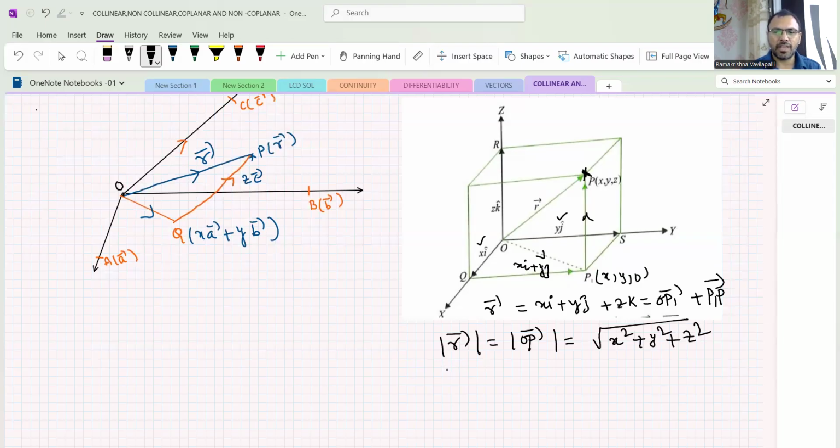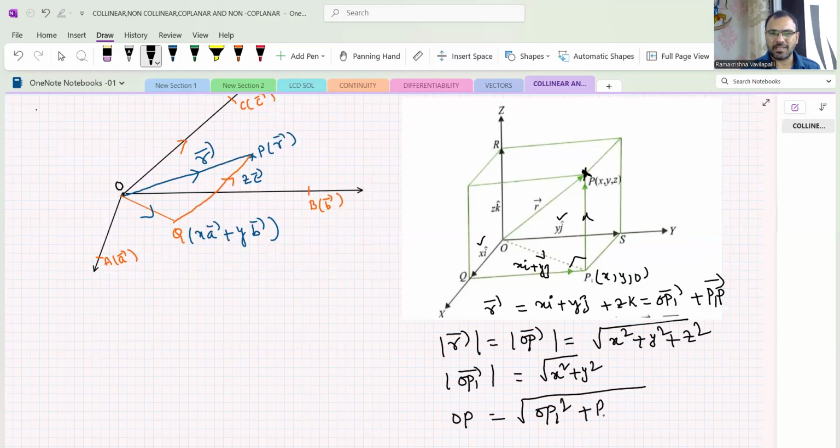Because we know that modulus of OP1 bar, just now I have proved, is equal to root over x square plus y square, isn't it? Now this is a right angle triangle. So therefore OP is equal to root over OP1 square plus P1P square. Apply this concept.